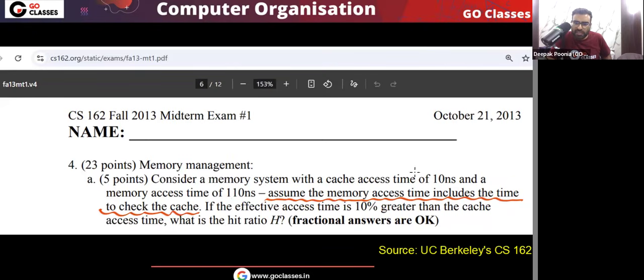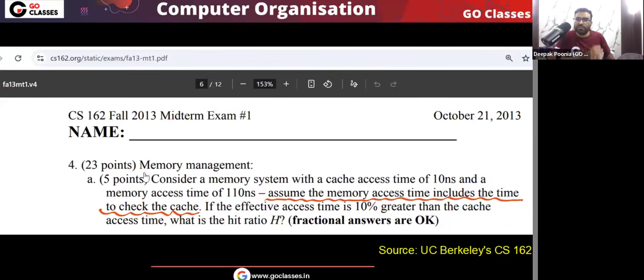Remember, that is not 110 plus 10. When the requested data is not available in the cache memory, the first thing is we check the cache memory: the CPU generates the memory request, and we check whether there is a hit or a miss. Then when there is a miss, we go to the main memory. But the assumption is given that the main memory access time includes the time to check the cache memory.